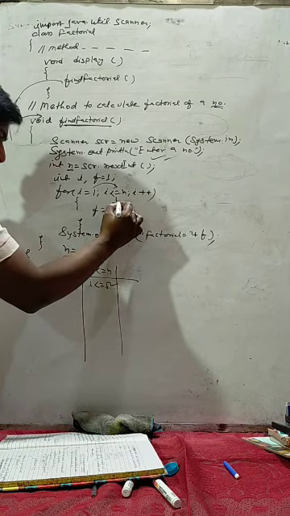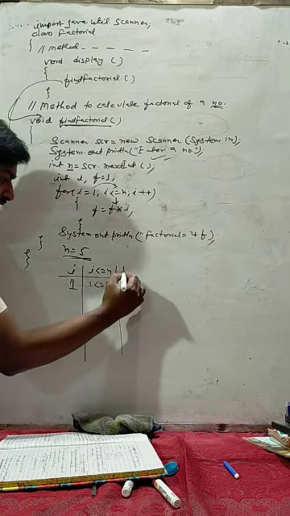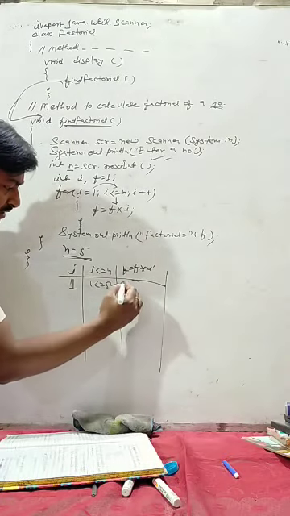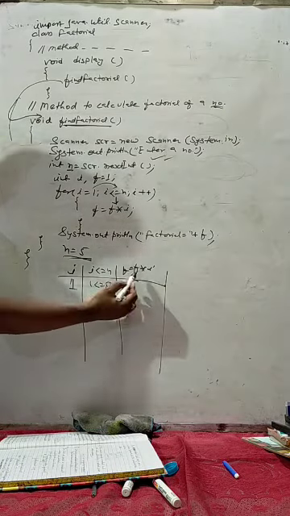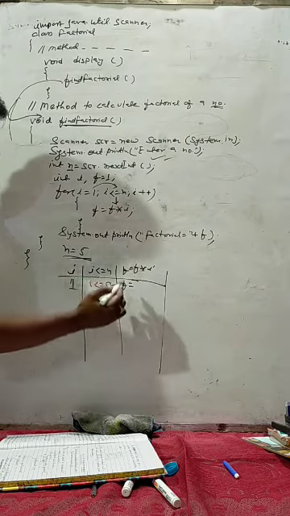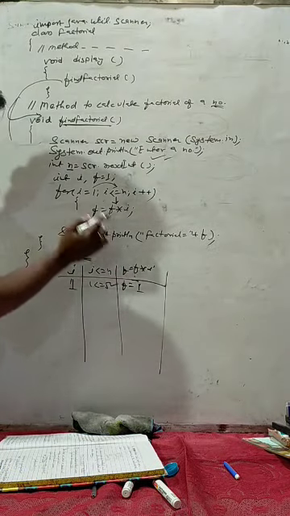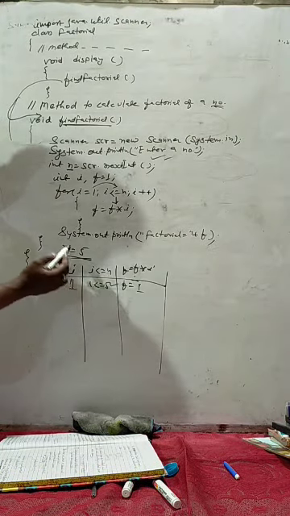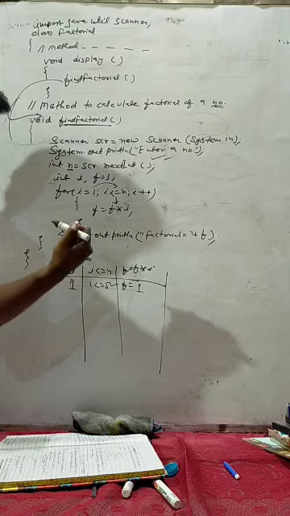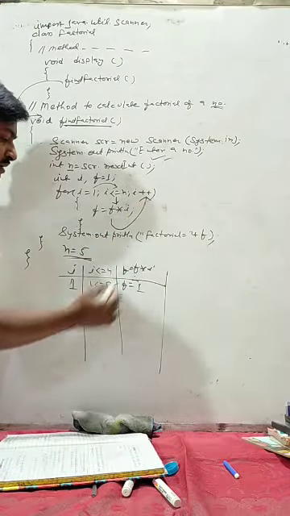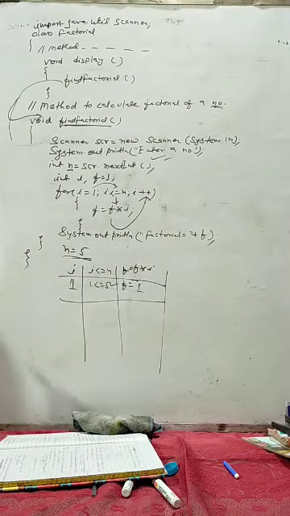Then control goes inside the loop where f equal to f into I. The value of f is initialized as 1, and the value of I from the loop is 1, so 1 into 1 equal to 1. After executing f equal to f into I, control transfers to the update section.